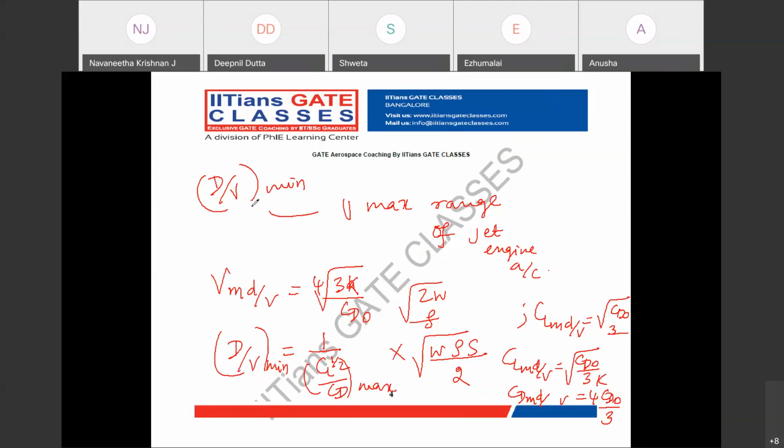So the condition for minimum drag to velocity is CD naught equal to 3 CDA.